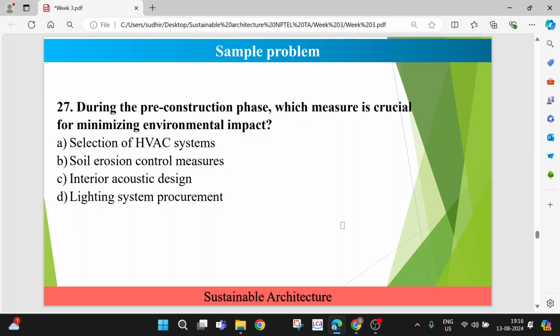Based on that, the heat load calculation or heat losses happening through the windows, walls, and ventilation, all parameters we will be considering and calculating the load in the subsequent lectures. That will be helpful for us.